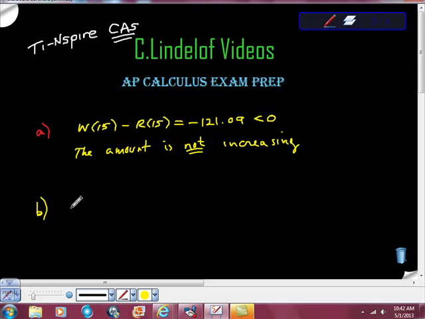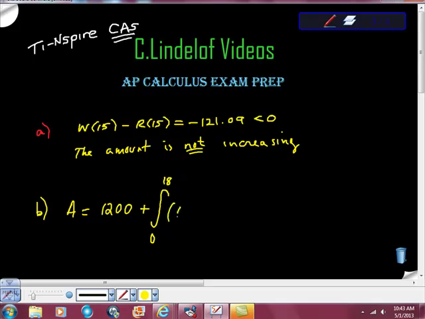I'm going to say that the amount of water in the tank, you don't have to use this notation, but the amount of water in the tank is, remember, it said that at time 0, there are already 1,200 gallons, right? Plus the amount of water that went in there from time 0 to time 18, right? Because that's the question.